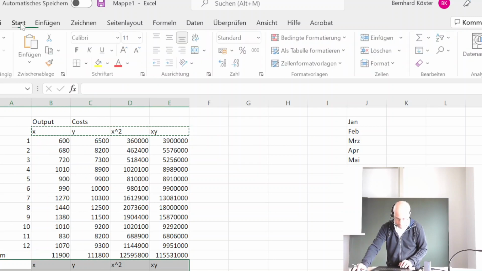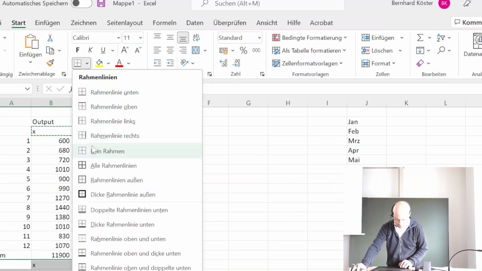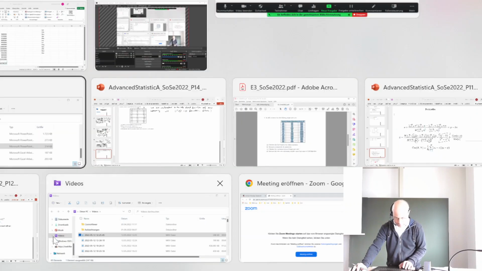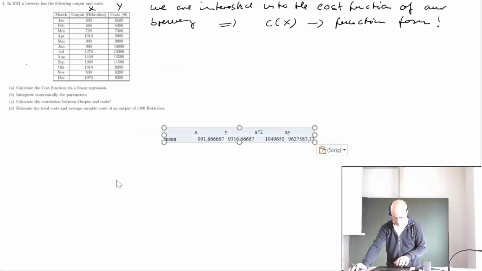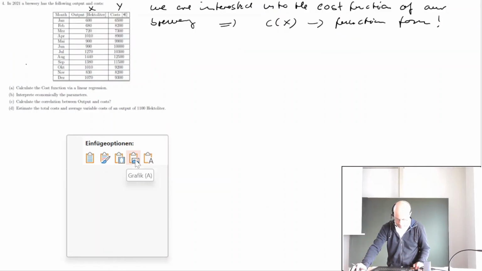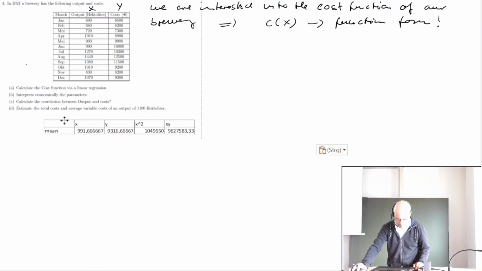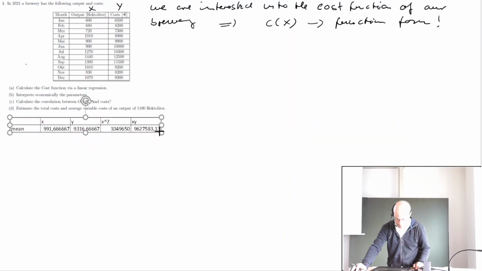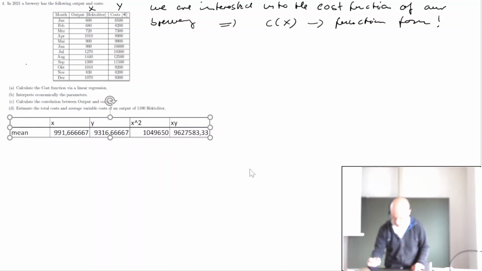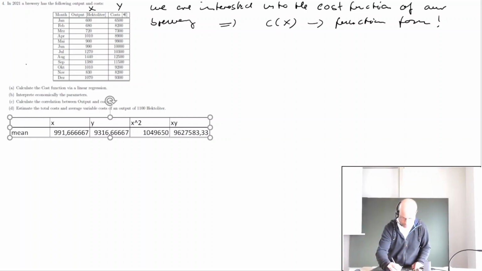Copy. And with this, we can directly calculate a and b.